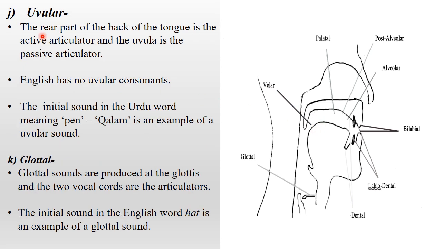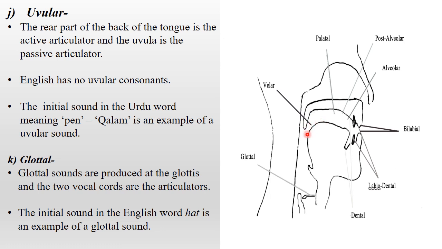Next is uvular. The rear part of the back of the tongue is the active articulator and the uvula is the passive articulator. English has no uvular sounds. The initial sound in the Urdu word meaning pen, that is kalam, is an example of a uvular sound.